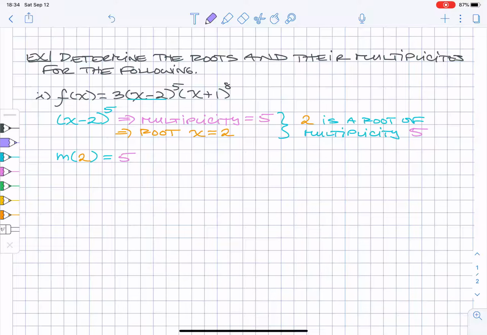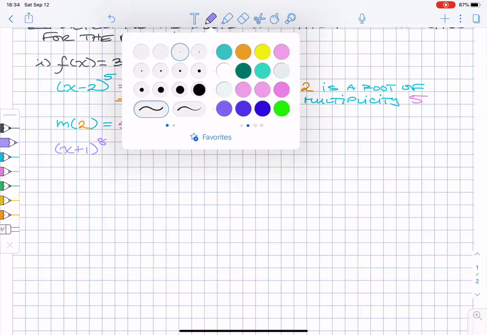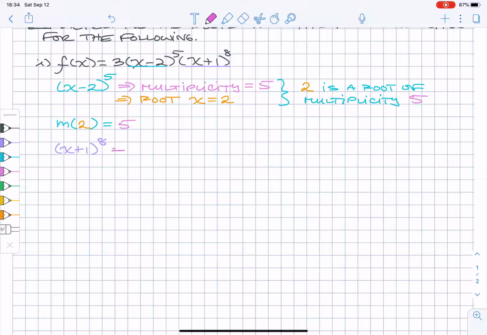Okay, so now let's look at the other factor, which is x plus 1 to the 8th. So I claim in this case that the multiplicity is going to be 8.